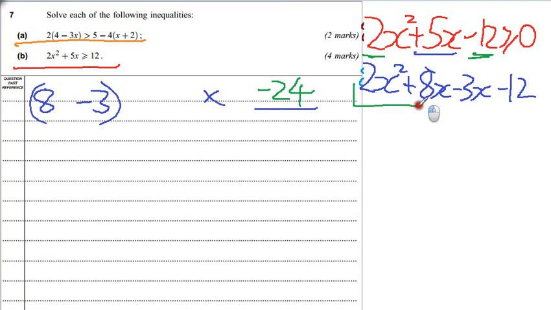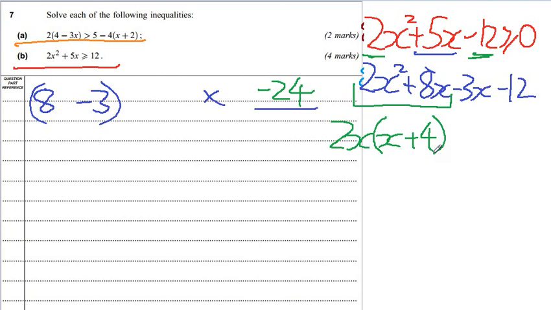If you go from those first two terms there, and you say what's in common for both of those, well, you can take out the 2, and you can take out x. Then what do you get left with? Well, x plus 4, because 2x times x is 2x squared, 2x times 4 is 8x.